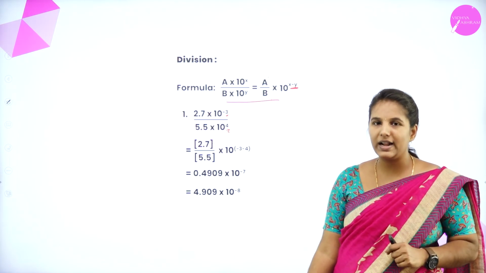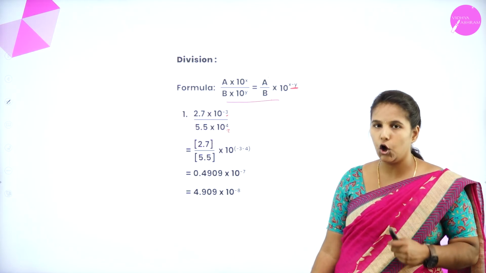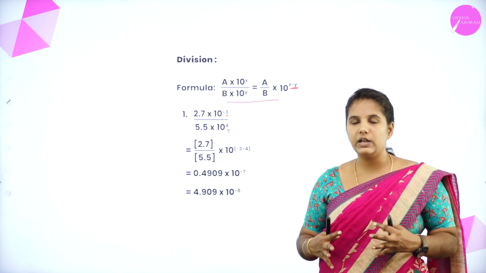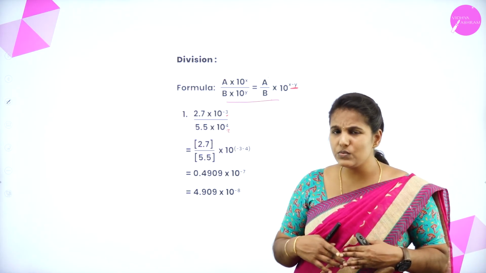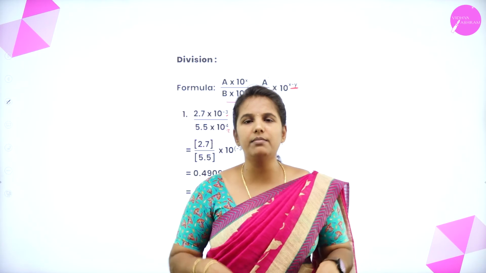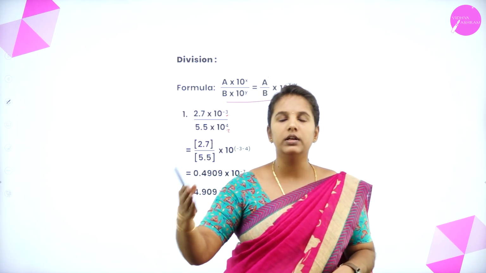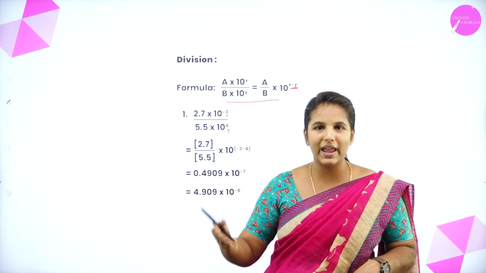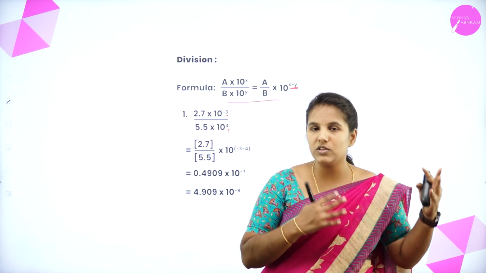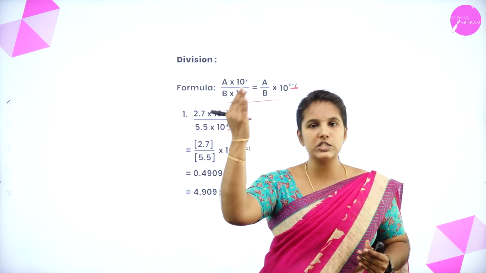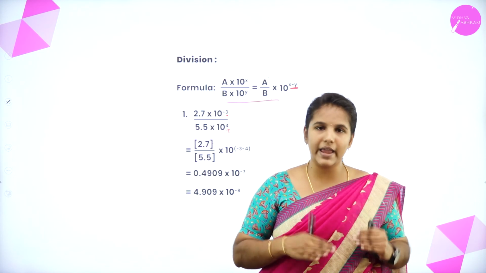Hope you all understood this mathematical operation. Remember, scientific notation is very simple. Any number can be written in the form of N into 10 to the power of n, where the capital N represents the coefficient, whereas the small n represents the exponent.